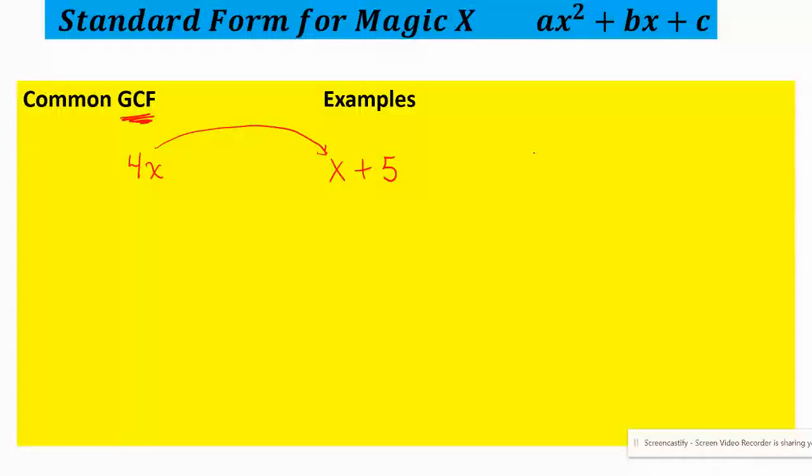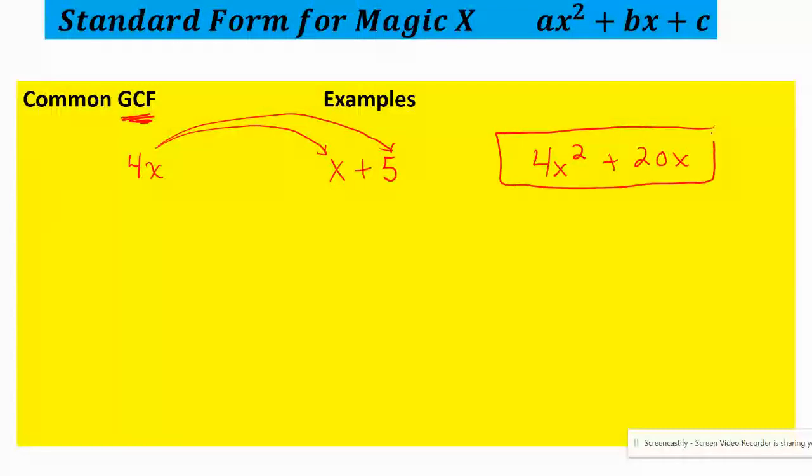So 4x times x would be 4x squared. 4x times 5 would be 20x. And what's in the box here is the problem that we give to the student. And so as a student, we would ask you to find the greatest common factor. And so then you can see that 4 times 1 is 4, and 4 times 5 is 20.